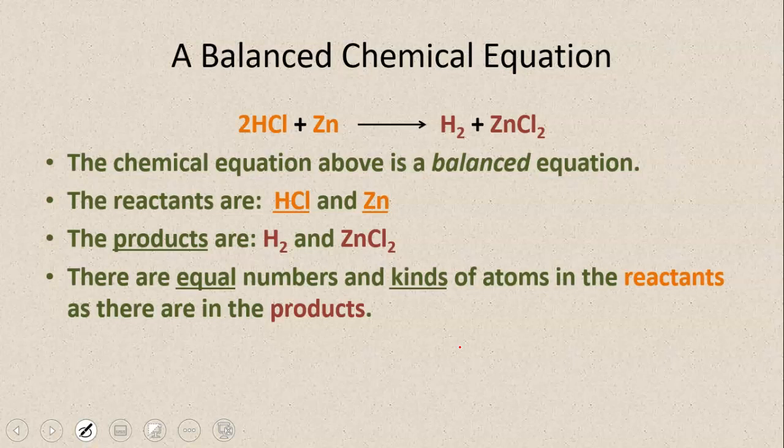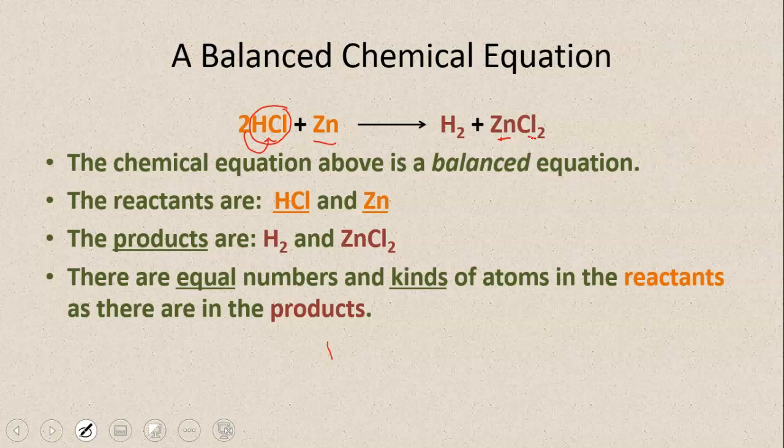So if we were to take a look over here, we have HCl and we have 2, so 2H and 2Cl right there. And then we have zinc. Over here we have 2H and we have 1 zinc and we have 2Cl.